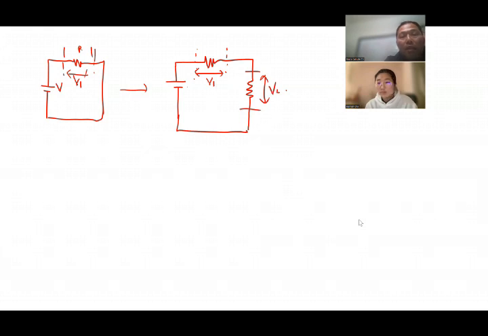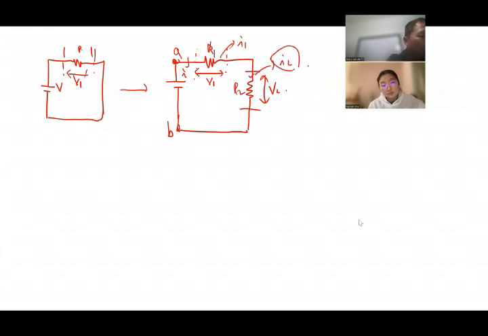So by adding the second resistance, you create more potential difference between maybe point A and point B. The current along R1 is I1, and along the second resistance is I2. So basically I is the same as I1 and I2, and by adding one more resistance, you create more potential difference between those two junctions.